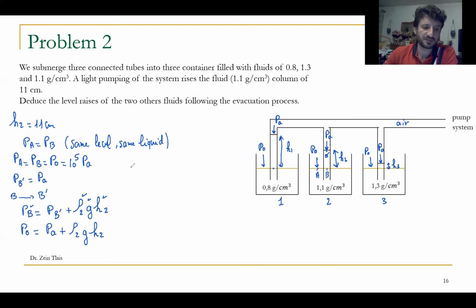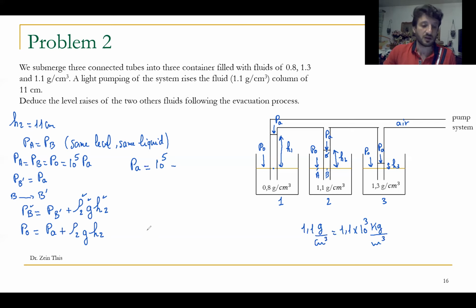We can find PA, which is equal to P0 minus rho 2 G H2. Here I give you the density in gram per centimeter cube. You have to convert the unit to kilogram per meter cube. You know, 1.1 gram per centimeter cube equals 1.1 times 10 power 3 kilogram per meter cube.